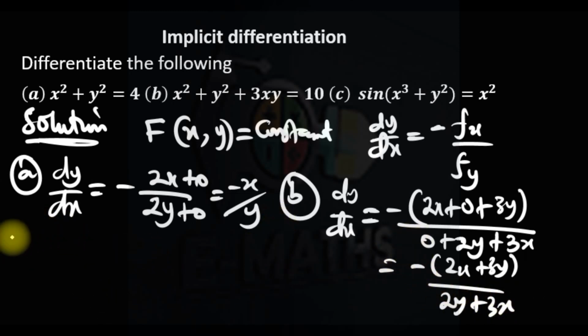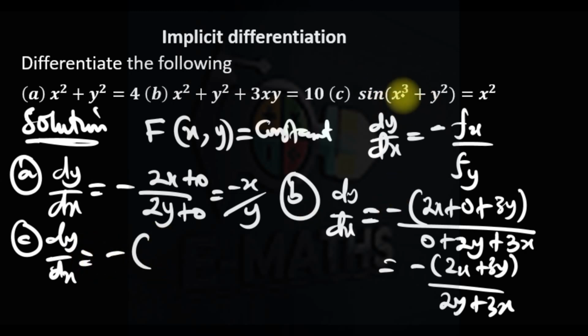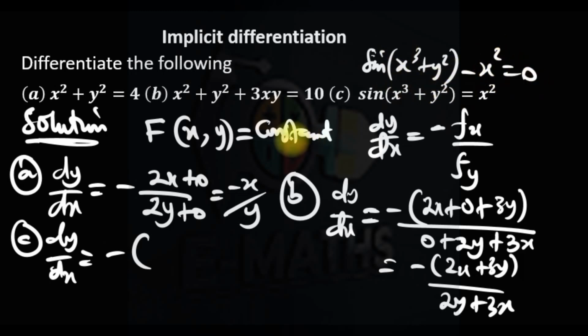So now the last one. dy/dx is now minus, that's chain rule. First of all, we need to move this to the other side. So this is like sine of (x cubed plus y squared) minus x squared equals 0, so that it will look like the function.